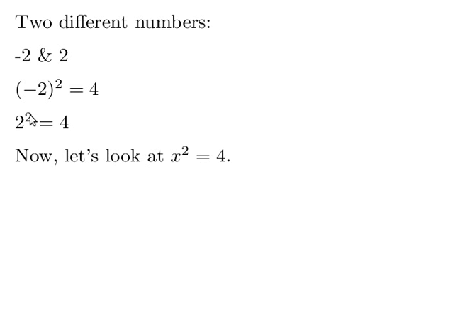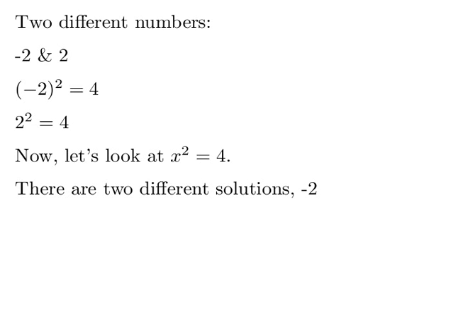And we can see from here, if we put in -2, it solves it. If we put in +2, it solves it. So that means there are two different solutions, -2 and +2.